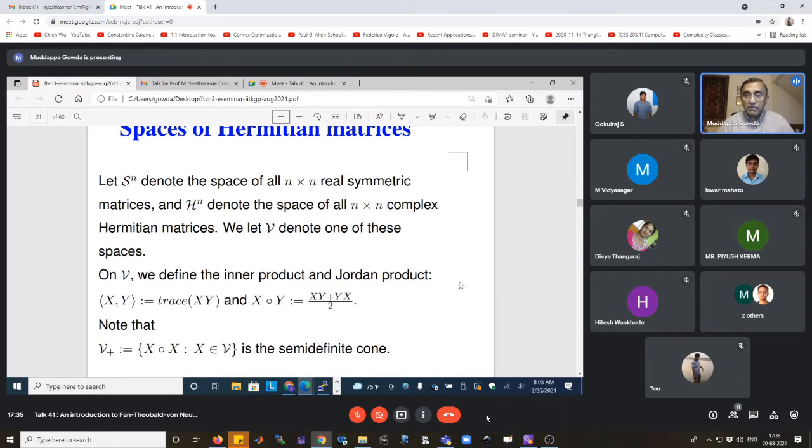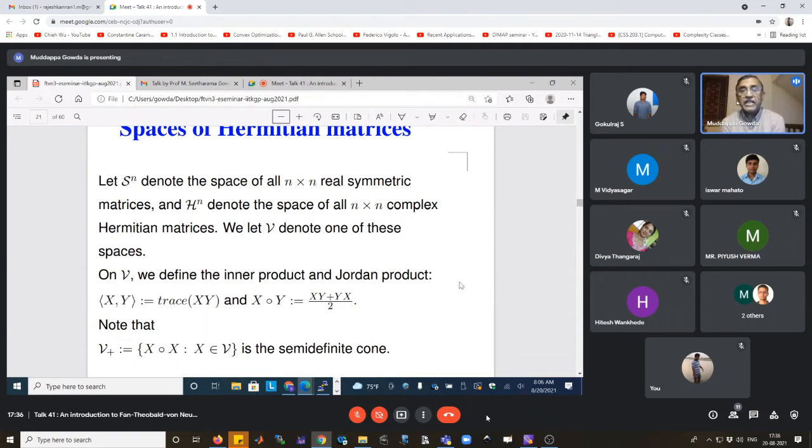So in order to get back something that is real symmetric or Hermitian, we add the two, xy plus yx, divided by 2, and that will put us back in the same space. So x circle y is back in Sn or Hn, depending on the setting.